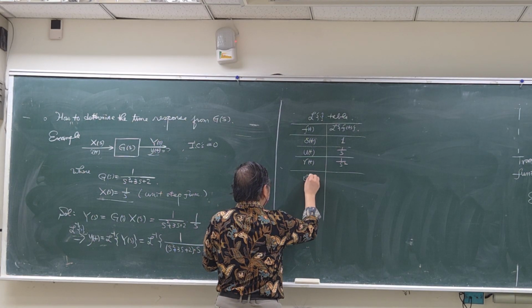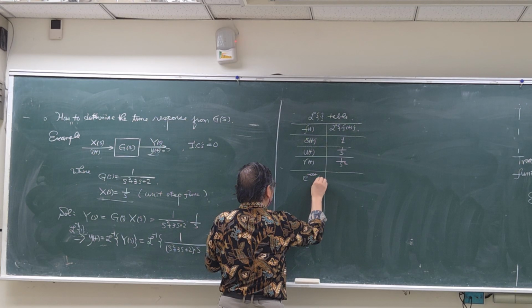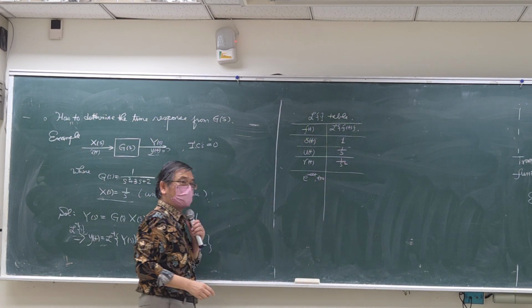What is the exponential function e to the negative of t, t bigger than or equal to 0?